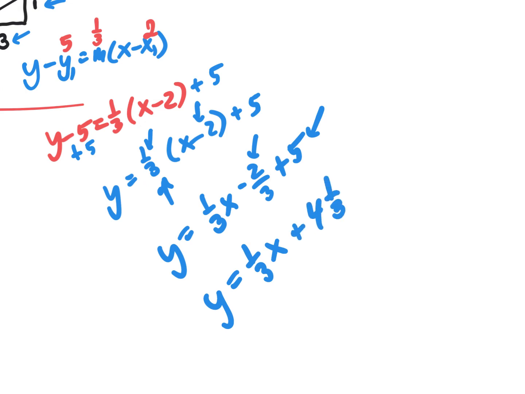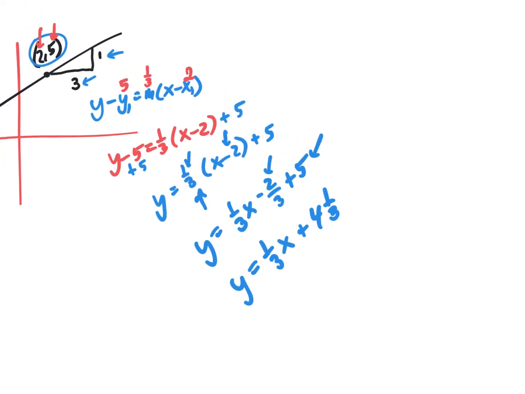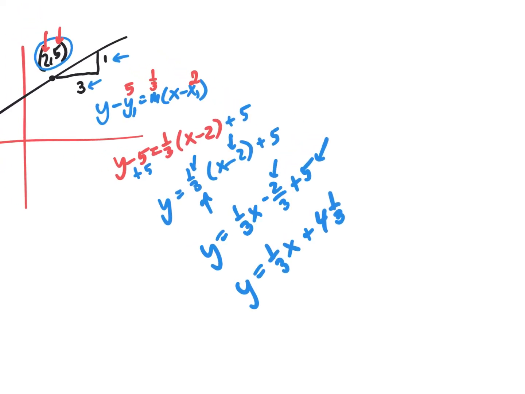If you'd like that to be an improper fraction, it would be 13/3. Okay, so there's another good equation, but this one was just as good. This blue one up here, that one was fine. But this one's in slope-intercept form, and this one is in point-slope form.